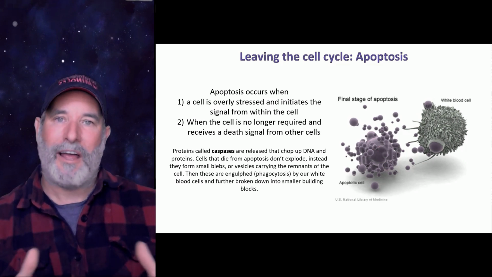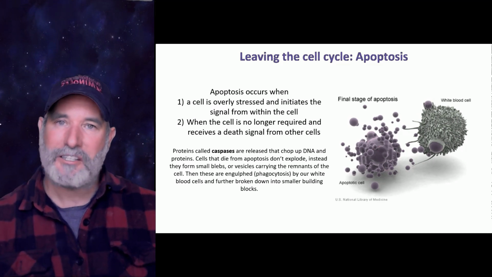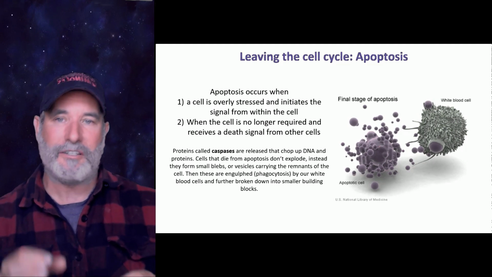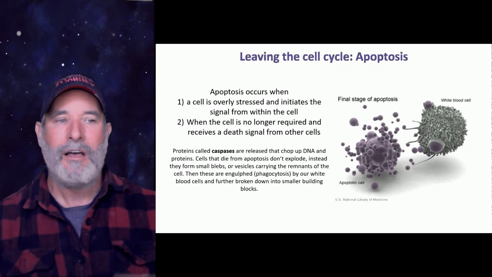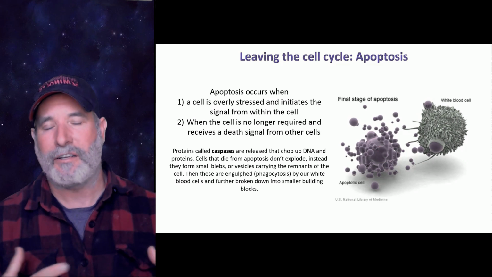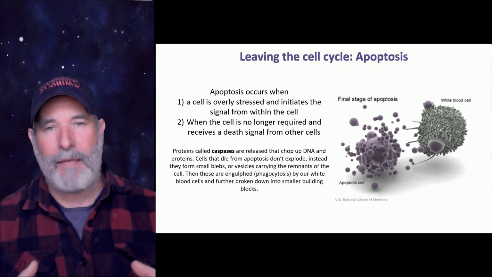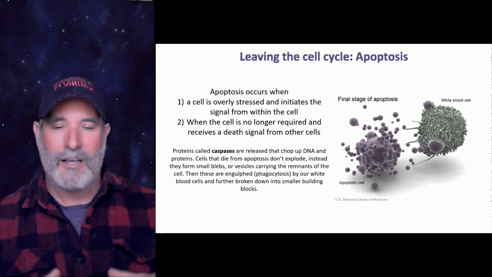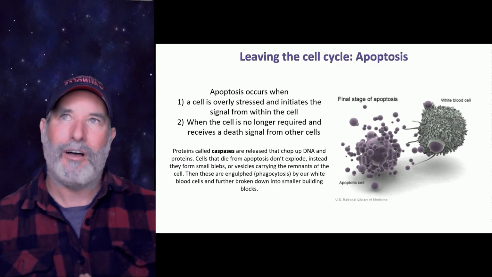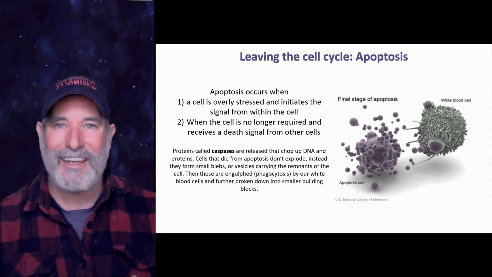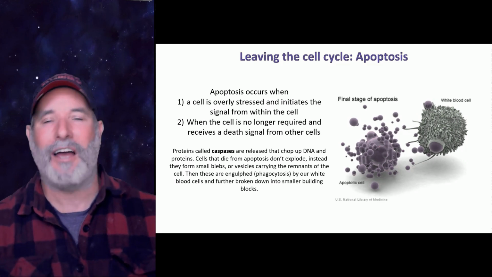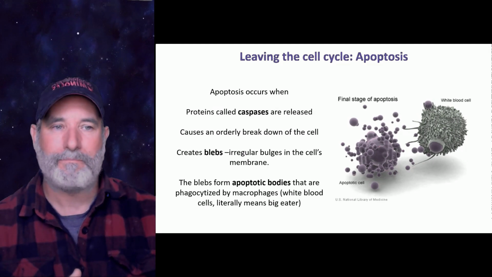The nice thing about apoptosis is that it does not spill its contents everywhere. It creates small little bodies called blebs that are picked up by your white blood cells and can be easily disposed of. The other thing apoptosis does is release nucleases and DNases, so it's chopping up all your nucleotides and proteins as well, which is important.